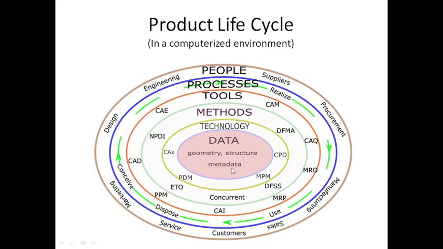It may be your geometric model, it may be your information about the assembly, or what are the number of components being used in the assembly, what kind of components, and this is to be used with the help of different technologies, like for example CAx, which means computer aided technology, or concurrent product development. So these are the technologies which are used. In the next slide I will give you an overview of all the symbols which are being used in this slide.